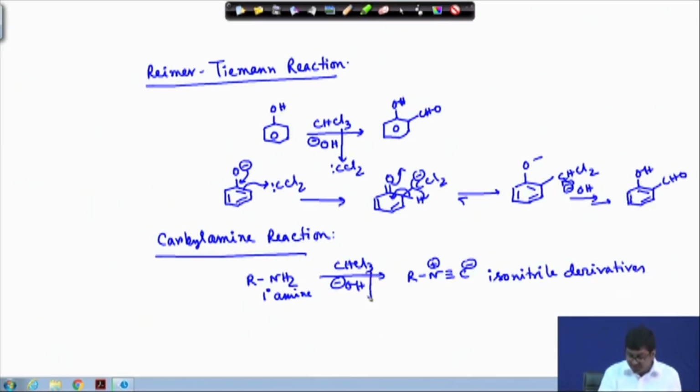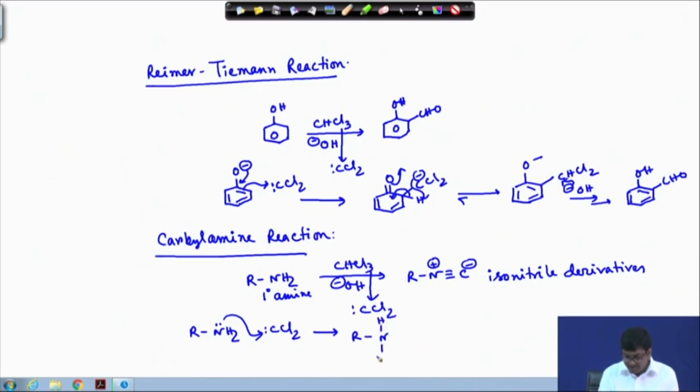So, here also it will generate this dichlorocarbene, and obviously this RNH2 can react by nucleophilic attack to this dichlorocarbene, and once it will give that, it will be this species. Okay.